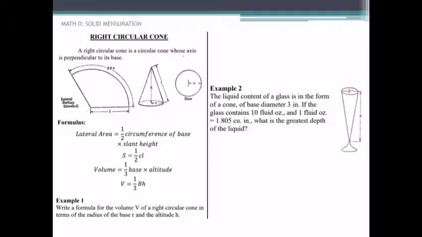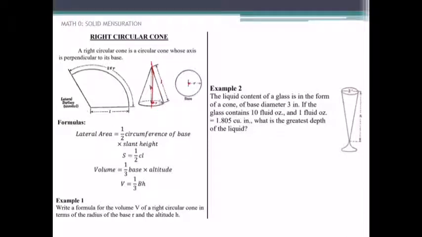So, if you make a perpendicular drop, it hits the center of your base. This is, again, our slant height L. And then, this is our height. And then, this is the radius of the base.